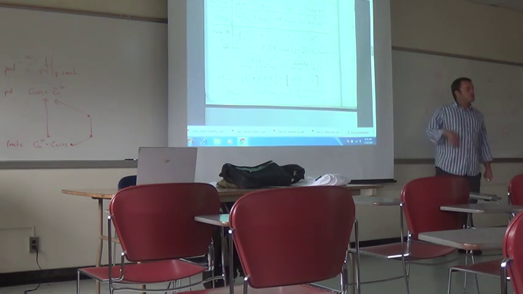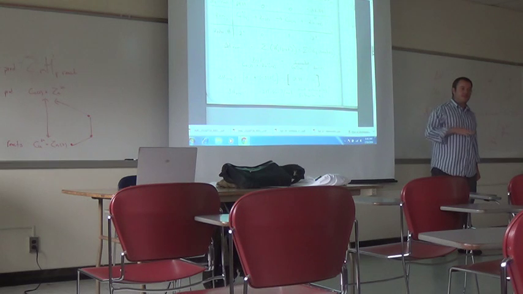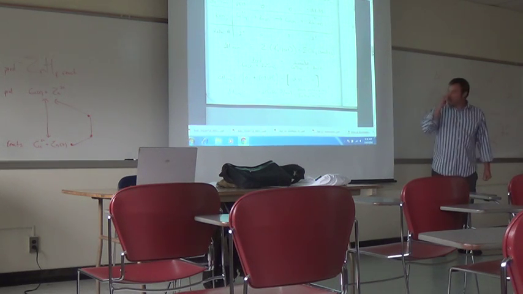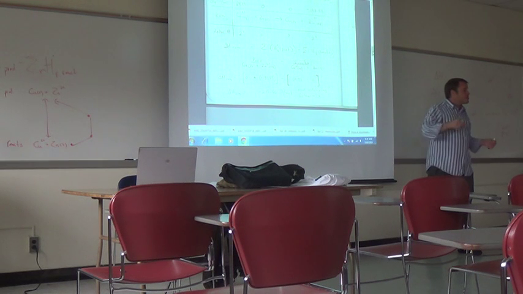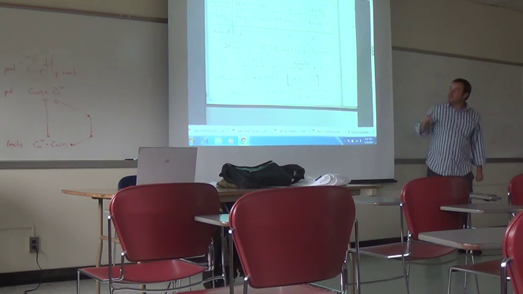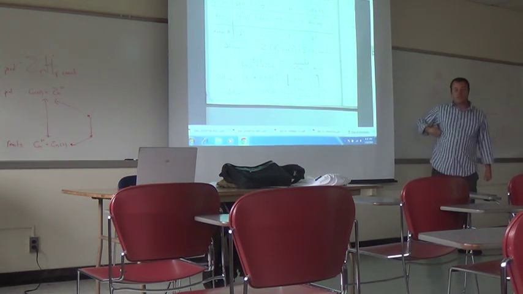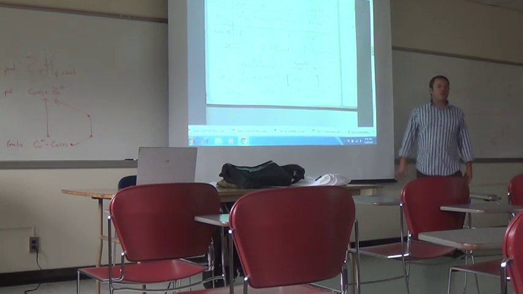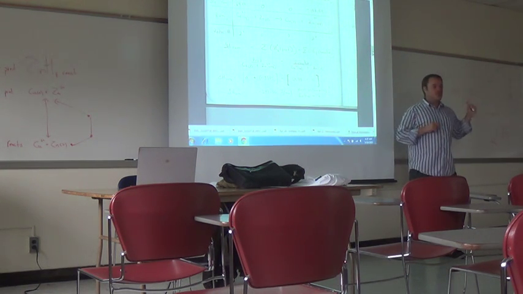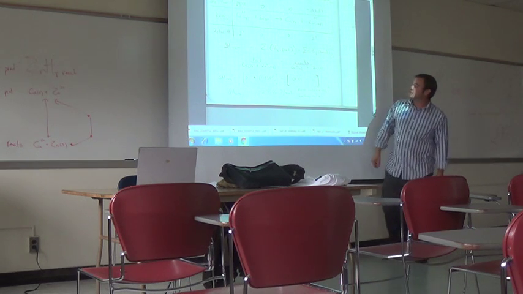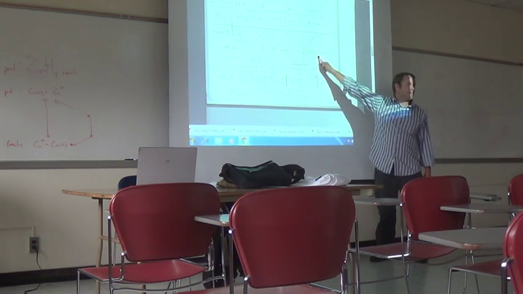When I give you problems in this class on exams, etc., I'm not going to have you breaking down each individual step of the reaction like we did just now for this copper zinc battery. Largely what you're going to be asked to do is take tabulated values of delta H not of formation and just look up the delta H's of the reactants and the delta H's of the products and execute a simple sum like we did here.